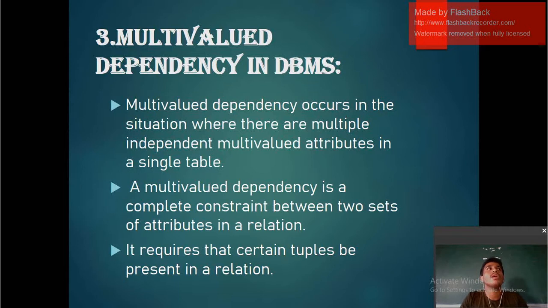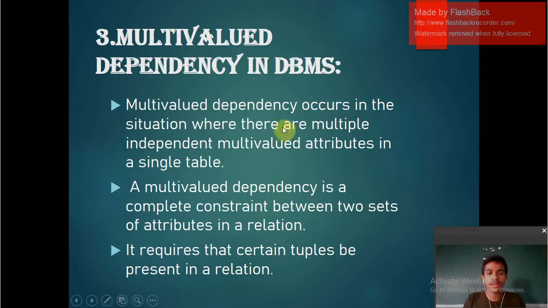In a simple way, if we take three attributes in a single table, A, B, C, and if B and C are independent attributes because they don't have any dependencies on each other, and the A attribute has a dependency on both B as well as C, then this type of table is known as a multi-valued dependency.